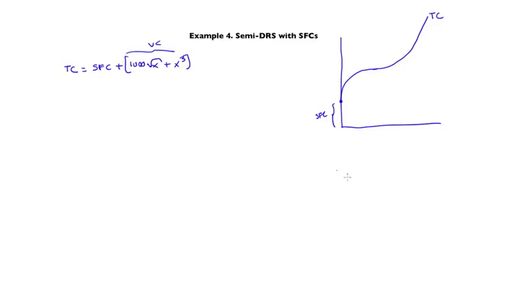Now, I want to plot for you what the variable cost, the marginal cost, and the average total cost look like. So let's start with the marginal cost like before. Notice that the marginal cost is very high, then the slope decreases, and then it switches. So the marginal cost in this case is going to look something like this.